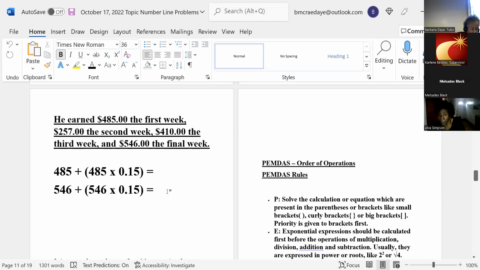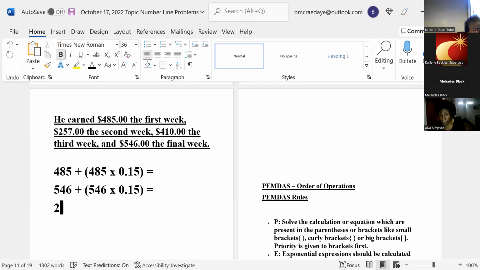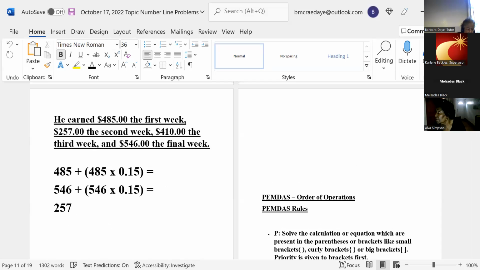And the 257, you don't add anything because that's less than that, right? The 257 and the 410 are all less. So once you get this answer and this answer, add them to 257 and 410, and that will give you the earnings.